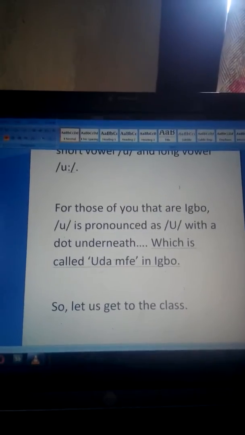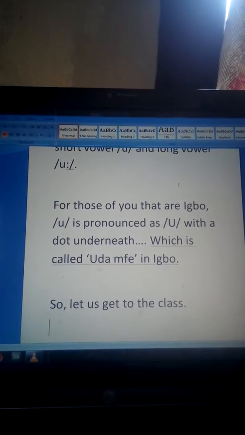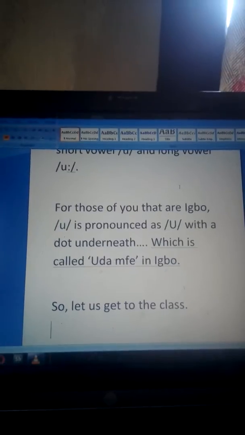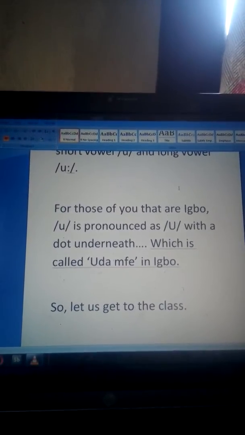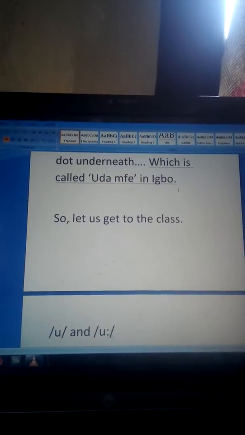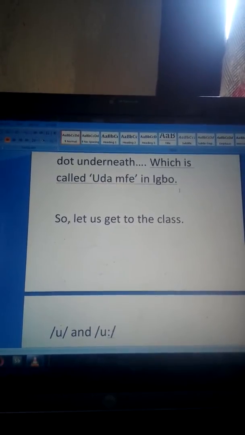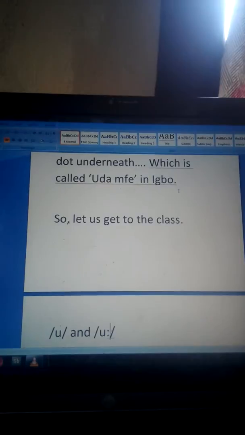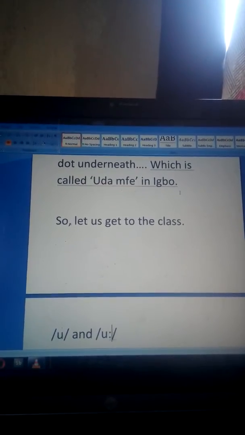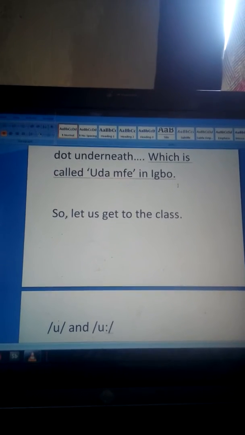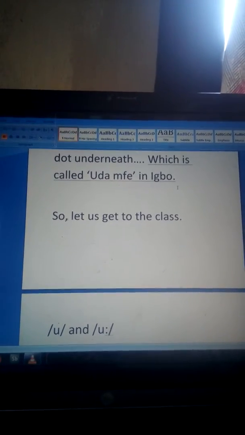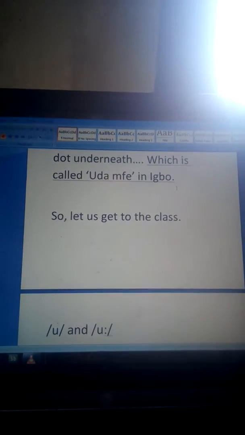Now that O sound there is the same thing with the short O sound in English language. So you just have to know how to implement it, and it'll be a lot easier if you just know that sound and try to put that sound in places where this O sound is supposed to be used, because that's where we usually have the biggest kind of problem. So let's get to the class proper.